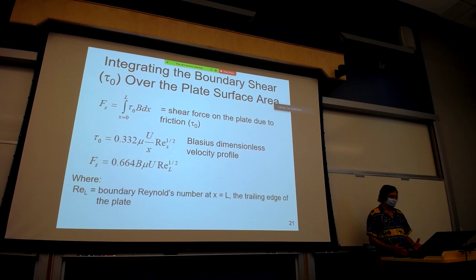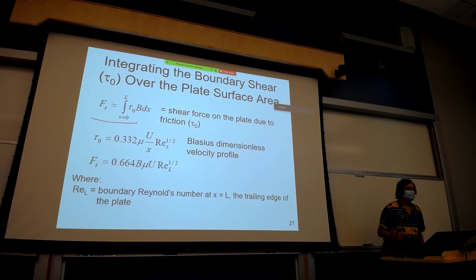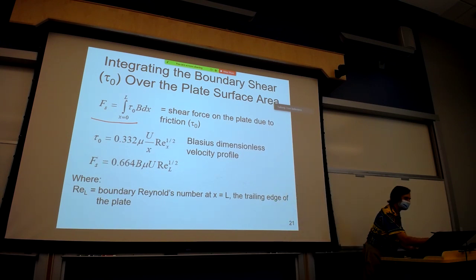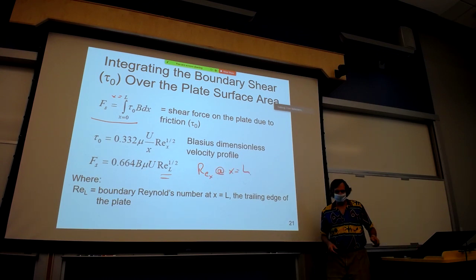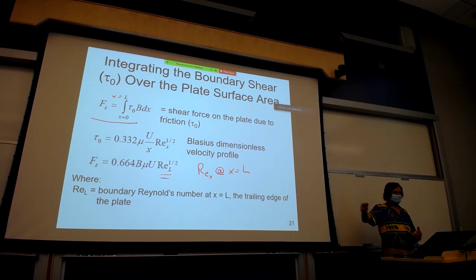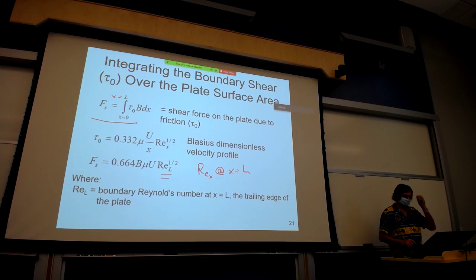So in that equation, again, Re_L, since we integrated from the leading edge to the trailing edge, at the trailing edge, x is equal to L. What comes out of the integration is what you'll see Re_L, and Re_L is the boundary Reynolds number at the trailing edge, where x is equal to L. So it's no different really than Re_x, it's just at a very specific location.